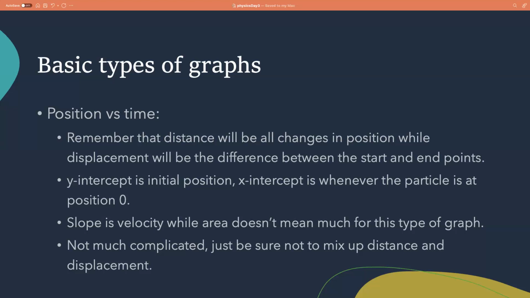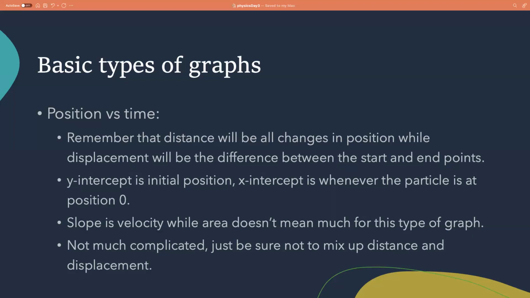But in this case, the y-intercept is going to be initial position, and the x-intercept is whenever the particle is at position 0. This doesn't mean that it's not moving. It just means it's touching that point in that moment. So if you have a line going through the x-axis, that means it passed over position 0 during that travel.